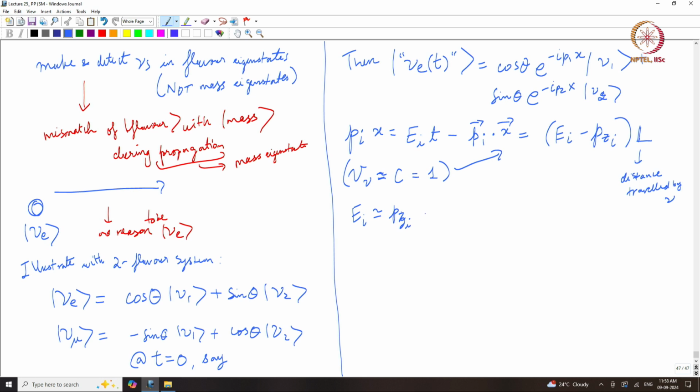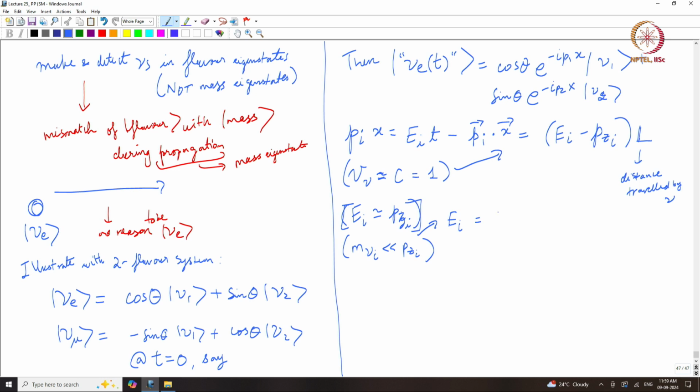But I can do better actually. I am going to write this as an expansion. I am going to make use of the fact that the mass is in almost every situation one can think of always much smaller than the momentum. Just keep this as an aside so that you get some intuition for how close the energy is to the momentum, but we are going to actually do an expansion.